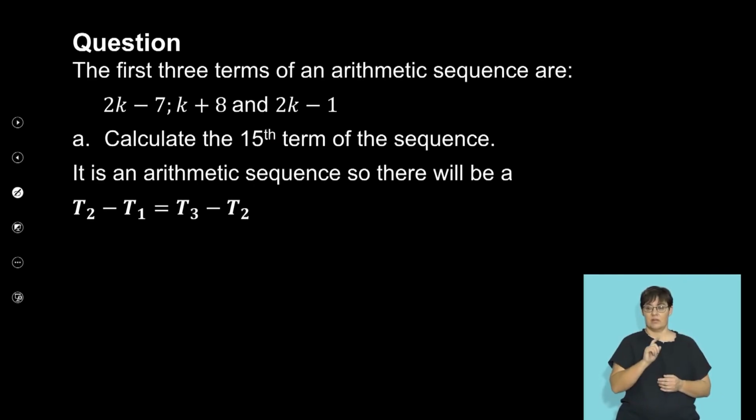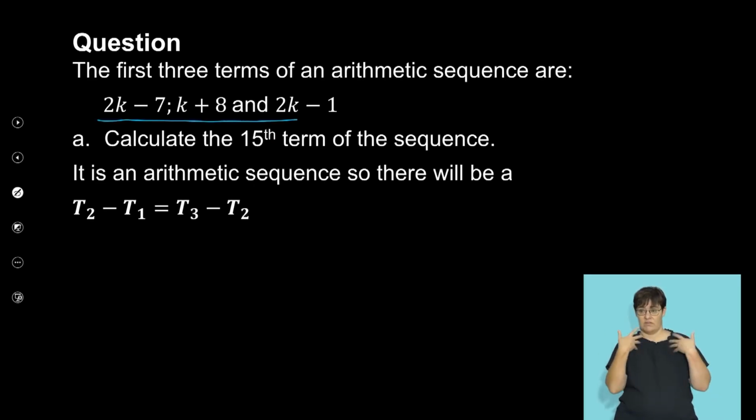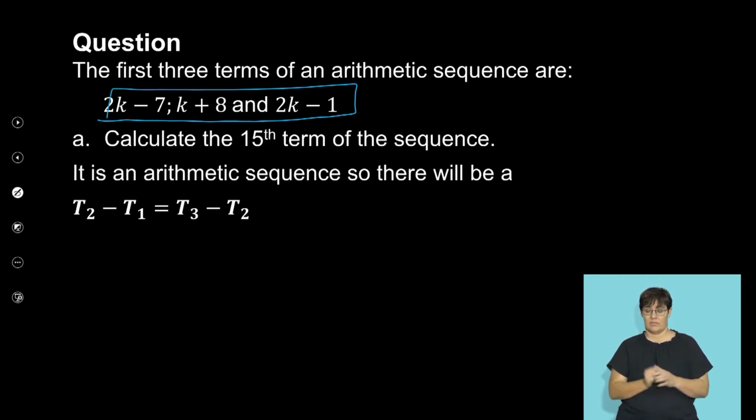So the first three terms we know are given over here. But they are all in terms of k. So I actually don't know what the true values of A and D are. But in order to get to that point, I'm first going to solve for the value of k, because knowing what k is will allow me to determine the 15th term, because substituting k back into the first three terms will give me my A value as well as my D value.